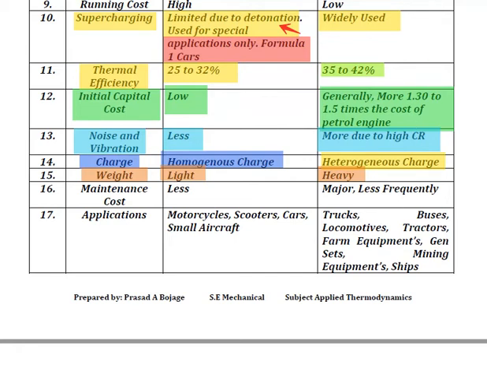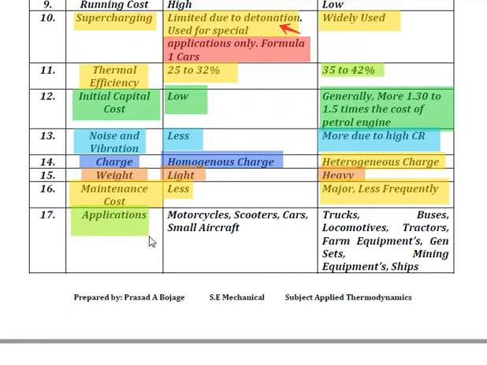Next point of comparison is the maintenance cost. The maintenance cost of petrol engines is comparatively less, whereas in diesel engines the maintenance cost is higher, but less frequent. But still, on a broader aspect, diesel engines have higher maintenance cost. Now let us go through the application of these engines.